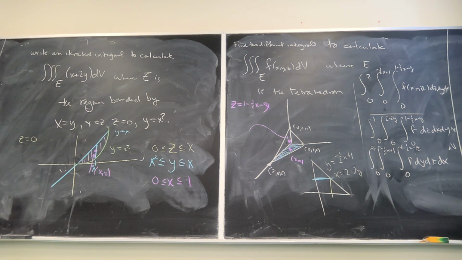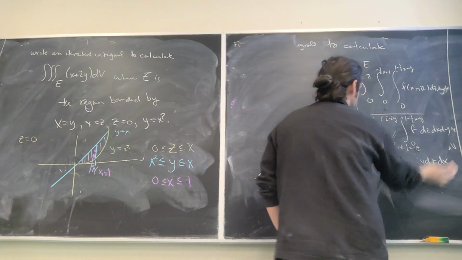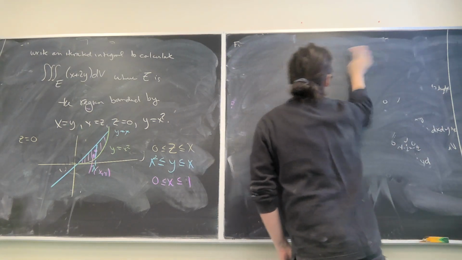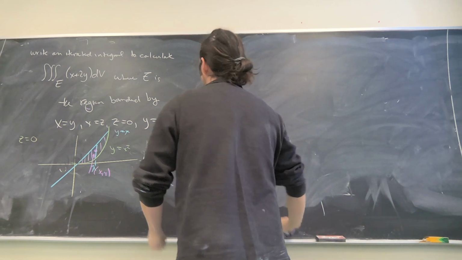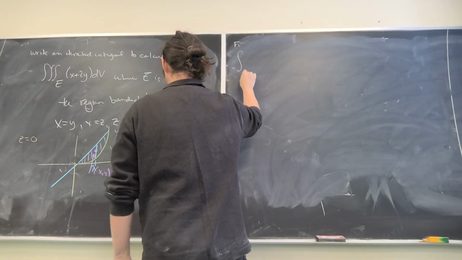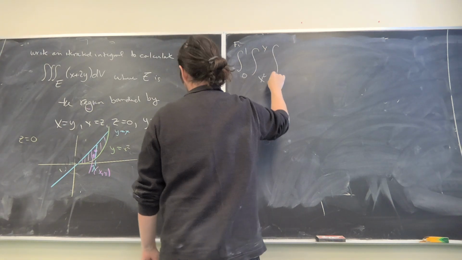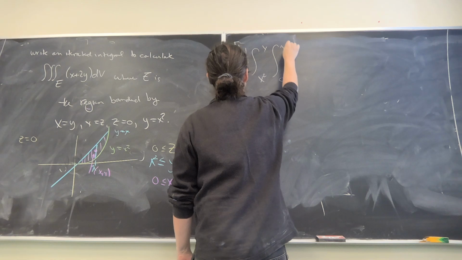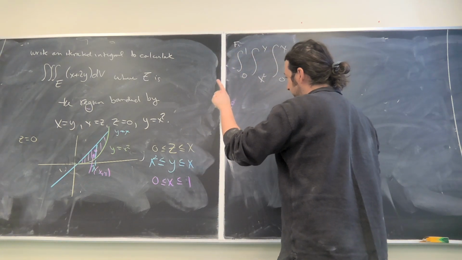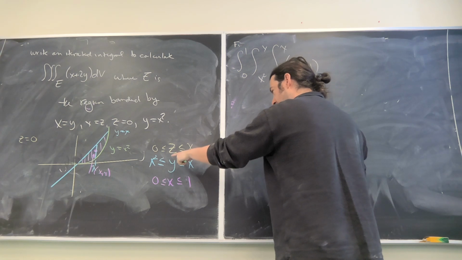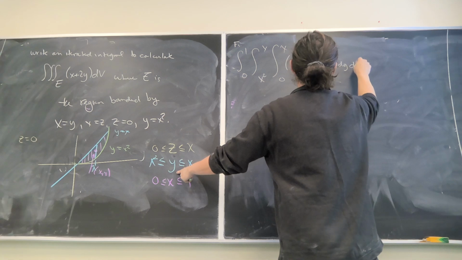So this particular problem, if we visualized it correctly, the solution to this would be the integral from 0 to 1 of the integral from x squared to x of the integral from 0 to x of x plus 2y. And then we're not going to use dV because I've got to tell you what order to do this in. First we do dz, then we do dy, then we do dx.